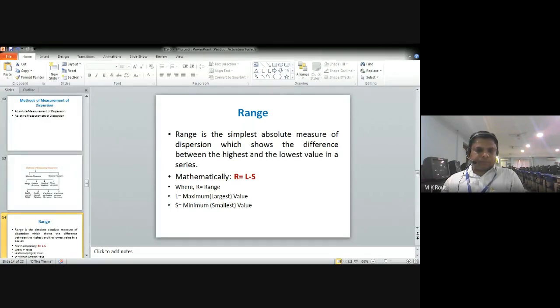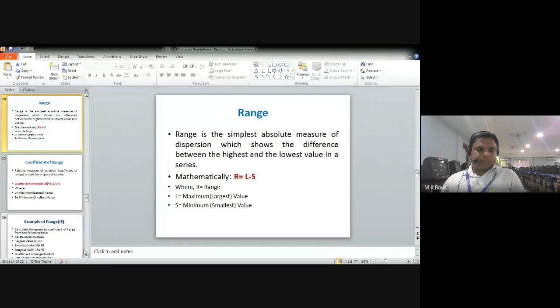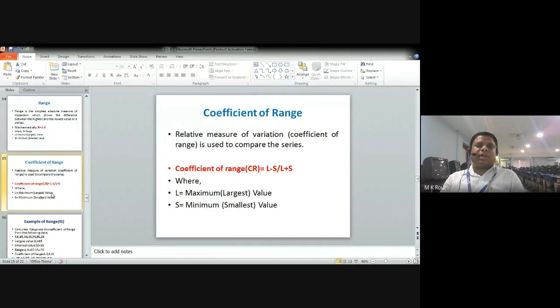The next one is the coefficient of range. This is a relative measure of variation, basically used to compare series. Whether it is an individual series, discrete series, or group series, you can use the coefficient of range.